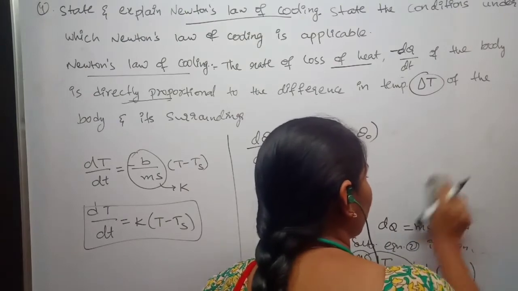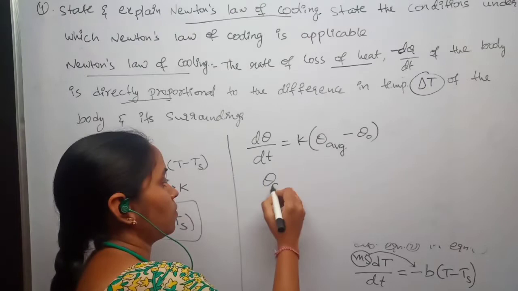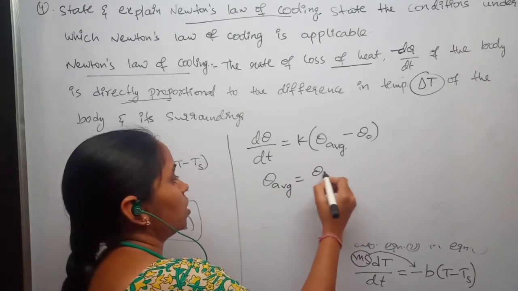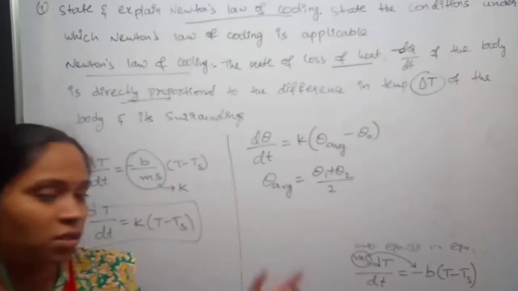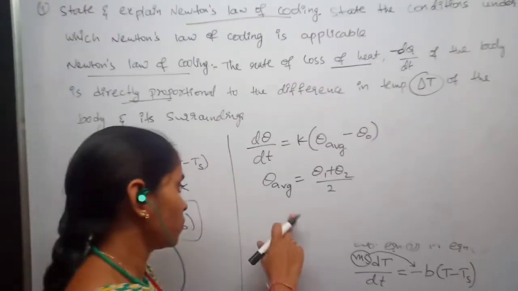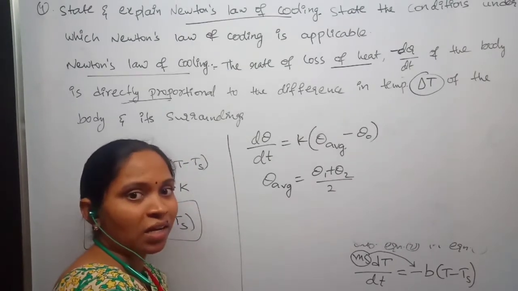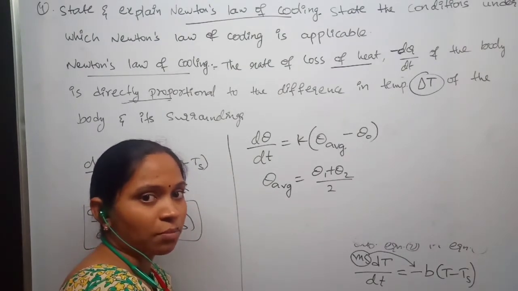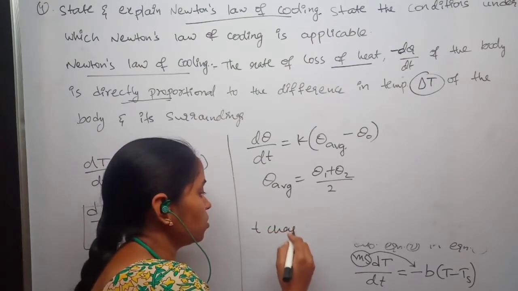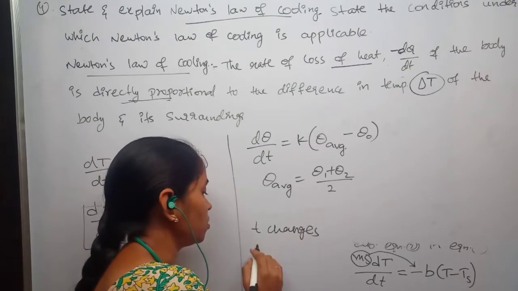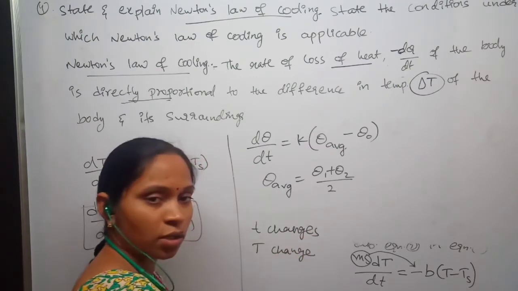And what is theta average? Theta average is equal to theta 1 plus theta 2 by 2. I just gave one example, right? If I boiled some milk and allowed it to cool for some time, as the time changes, temperature changes, change of temperature occurs, right?